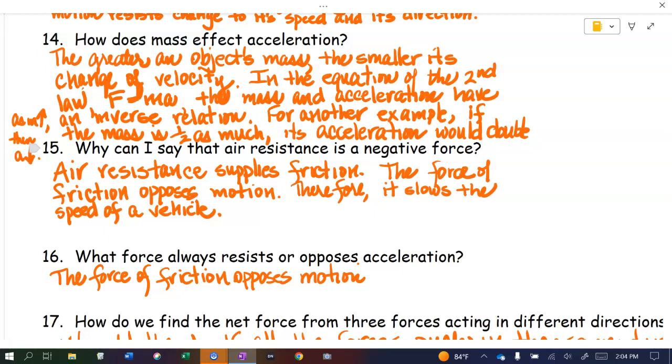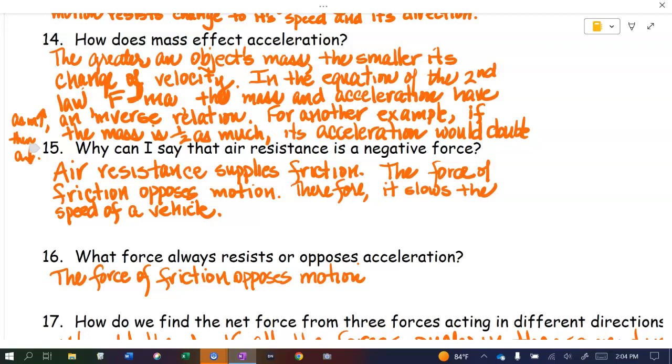Why can I say that air resistance is a negative force? Well, air resistance supplies friction, right? Besides friction with the road, air resistance on a car is one of the main things that changes the gas mileage you get.